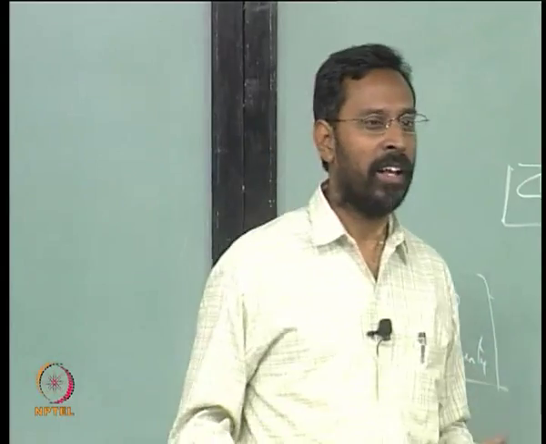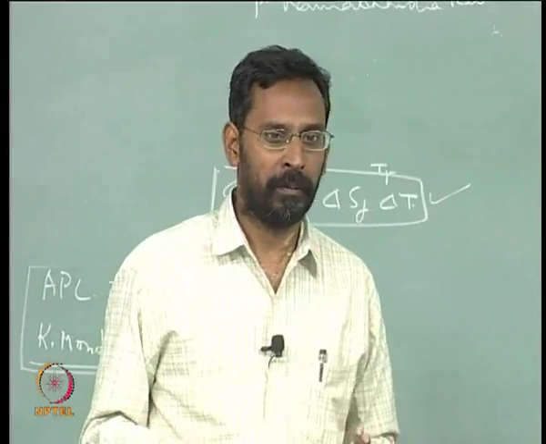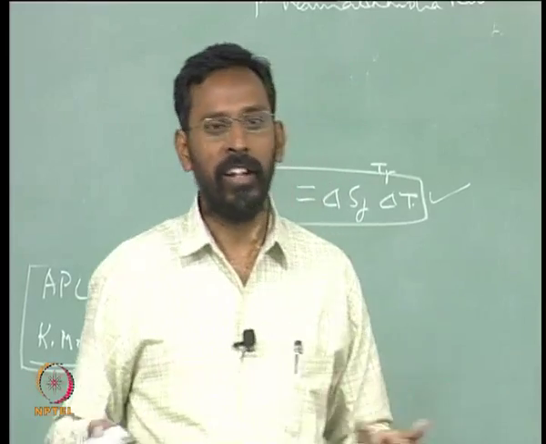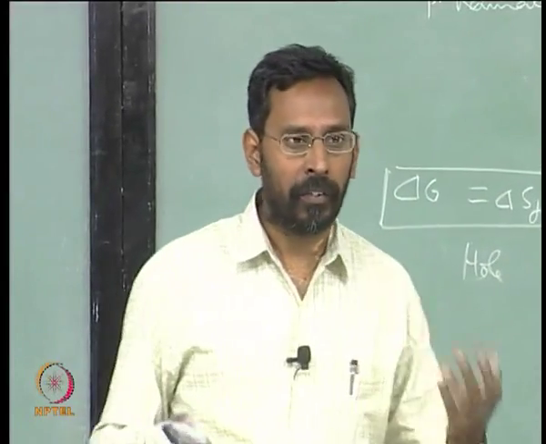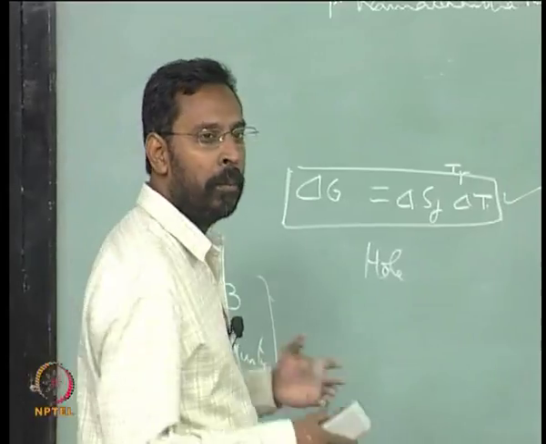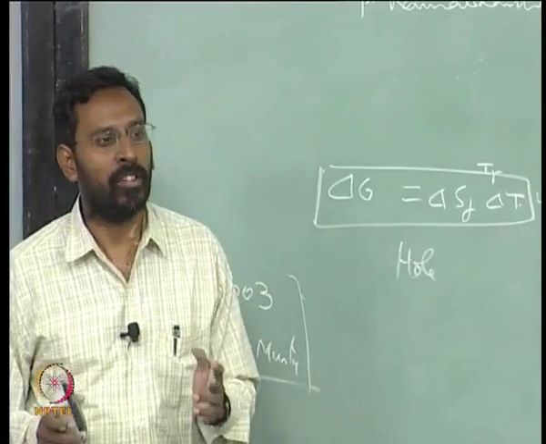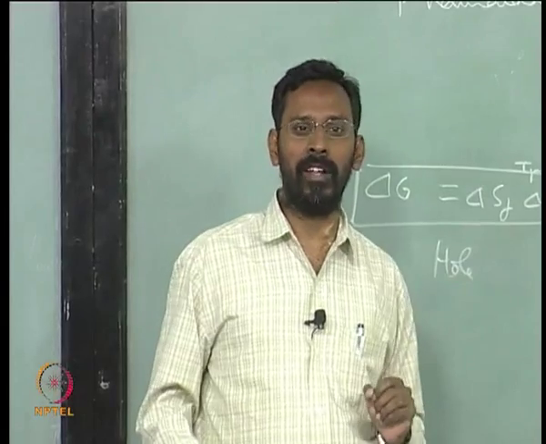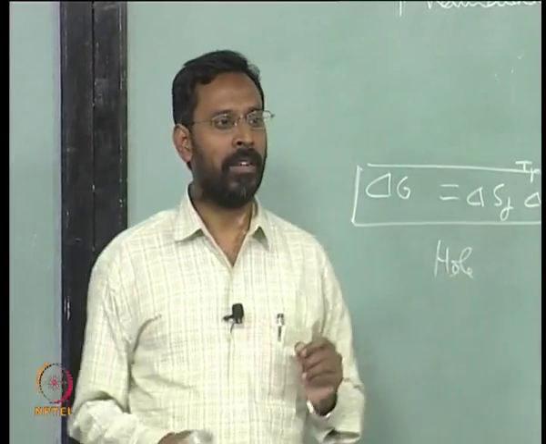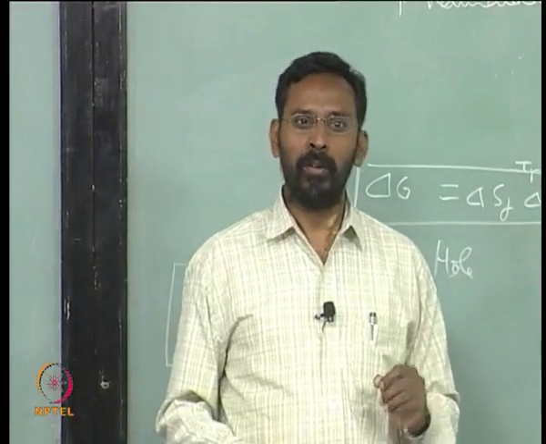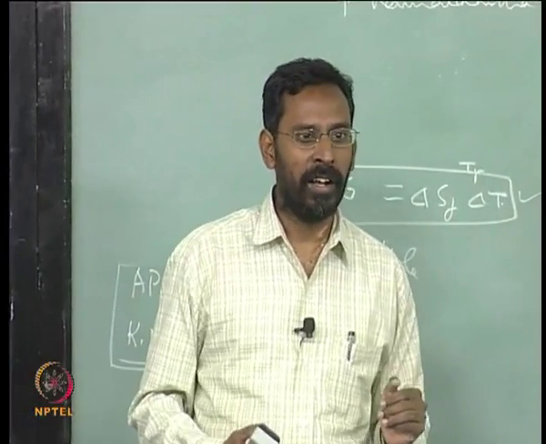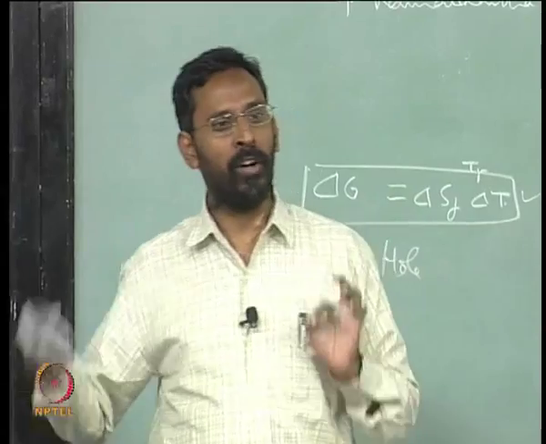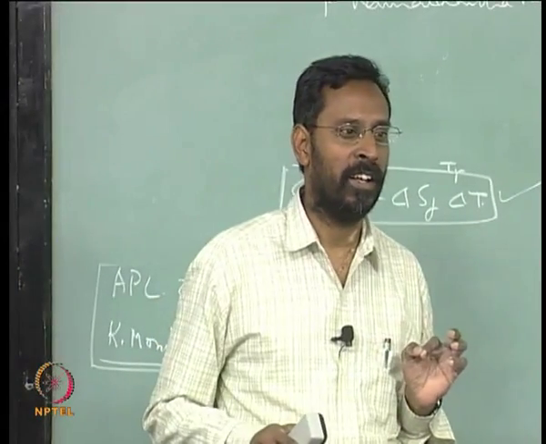because each liquid behaves differently, like each of us behaves differently. Each liquid would be different because of its nature, though we can more or less assume that liquids are all similar because their structure is similar. But if I take an iron based liquid and an aluminum based liquid, though we say both are liquids, iron when it solidifies gives you BCC, aluminum when it solidifies gives you FCC, is it not?